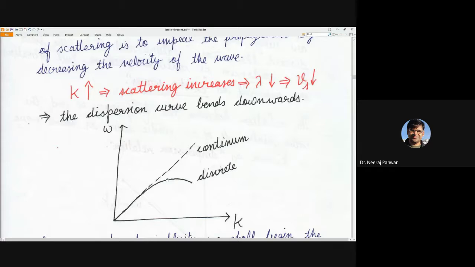So the dashed line here is a graph that considers the solid to behave as a continuum. But when we consider the discreteness of atoms, which comes into the picture at higher k values, omega starts decreasing as a function of wave vector.